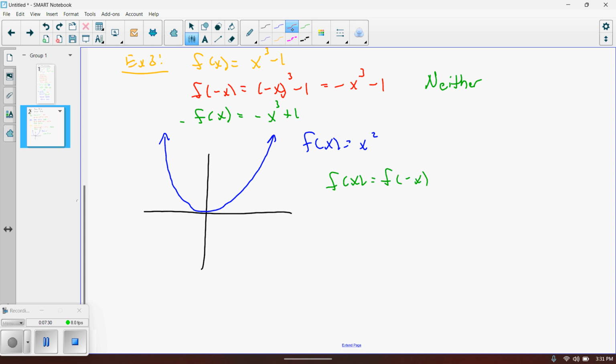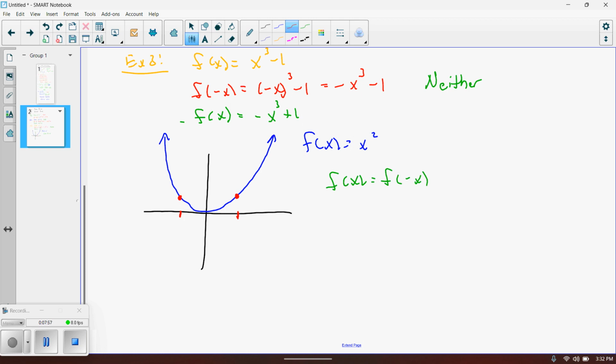What it is saying is, let's just say we let x be 2. If I take x to be 2, which may be someplace around here, it's going to produce a y value. That would be f of x. Now let's say we let x be the negative of that x value. So instead of 2, we let it be negative 2. If we go to negative 2, it should produce the same exact y value.